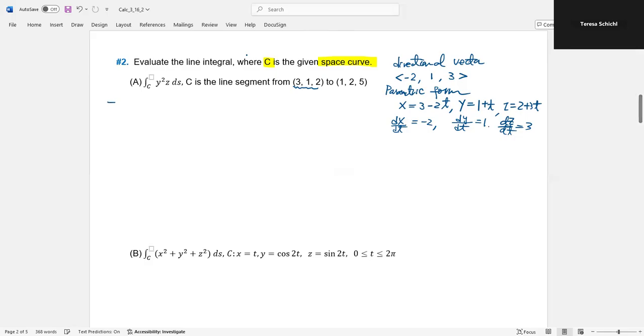Now we can do this just like we did with two variables. Here we have x, y, z. First I put the y. y is 1 plus t, so I replace everything with the parametric form: (1 plus t) squared. Then z is 2 plus 3t.